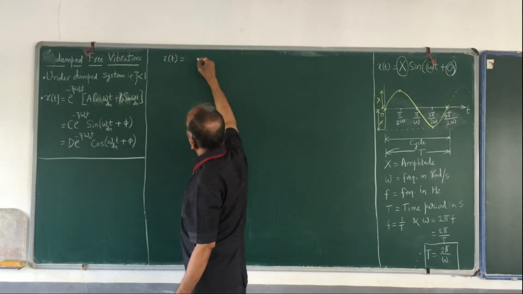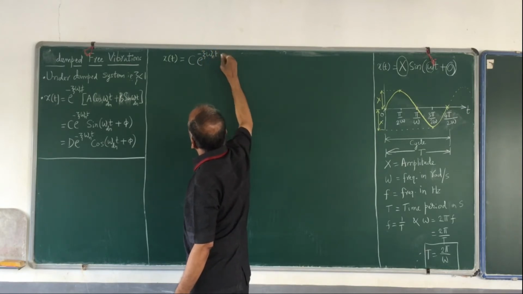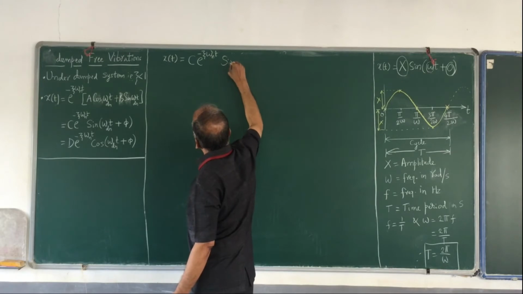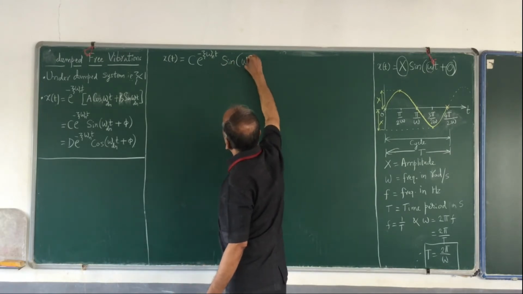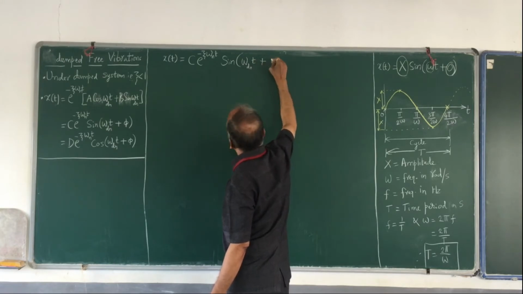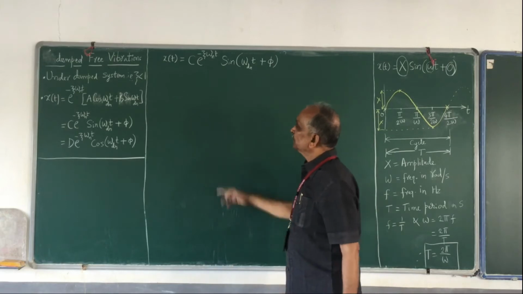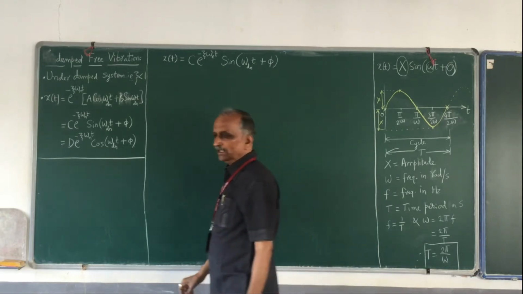X is equal to C into e raised to minus zeta into omega n into t, into sine of omega dn into t plus phi. Phi is the phase difference. And what is the frequency? Frequency is omega dn.